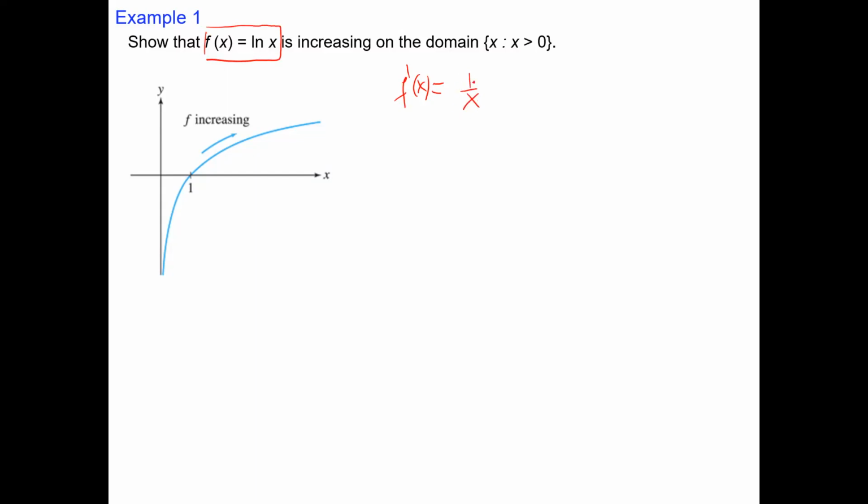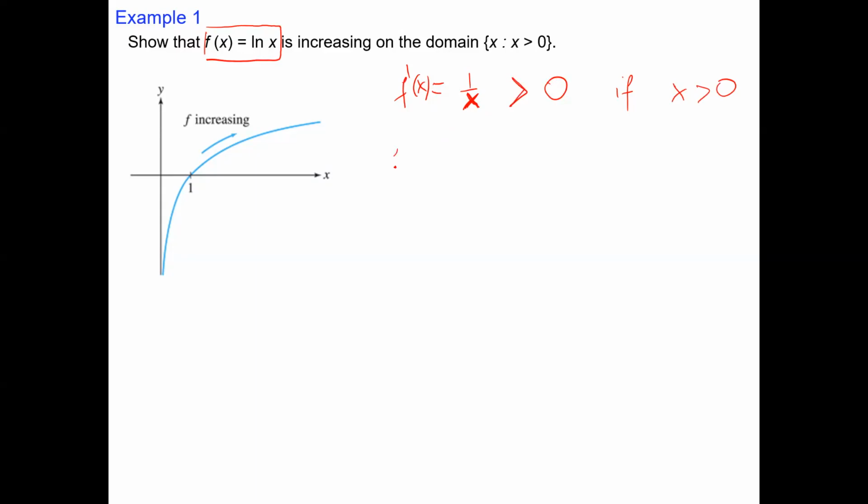And we can see this expression, 1 over x, is always positive if x is positive, if x is greater than 0, because if I substitute positive numbers, 1 over positive number is always positive number. So we can see derivative is always positive for all x's from the domain. That means if the derivative is positive, function is increasing.